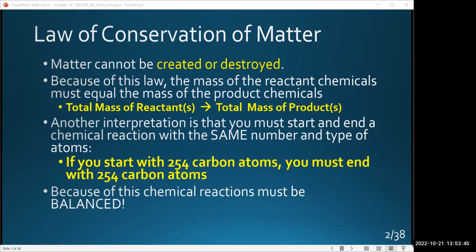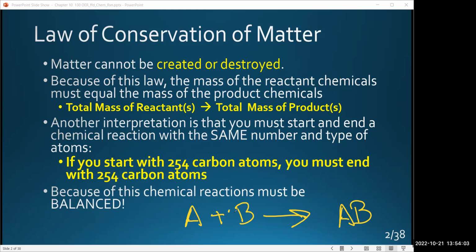And so we could have, generically, let me just write a generic equation here. So we've got A plus B reacting to give us maybe an AB compound.